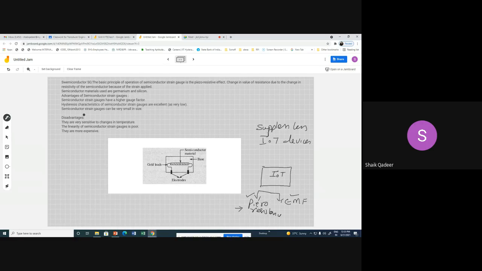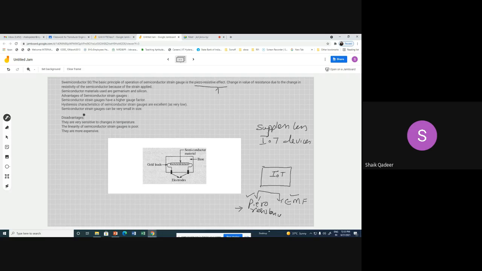So, in case of semiconducting strain gauge, we use the same principle, but we know that semiconductor applications are different. The principles also change for different applications. That's why, remember this: the principle used in the semiconducting strain gauge is termed the piezo-resistive effect.